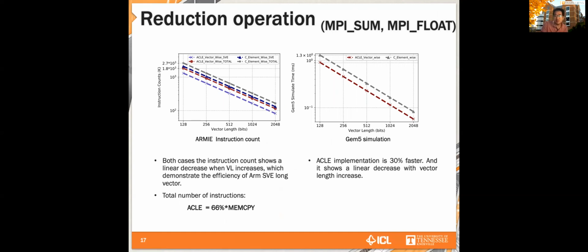The left plot shows 60% performance benefit in instruction count, and the Gen5 result shows 30% performance benefit. Also, as the vector length increases, the execution time decreases because a longer vector can deal with more elements per instruction.